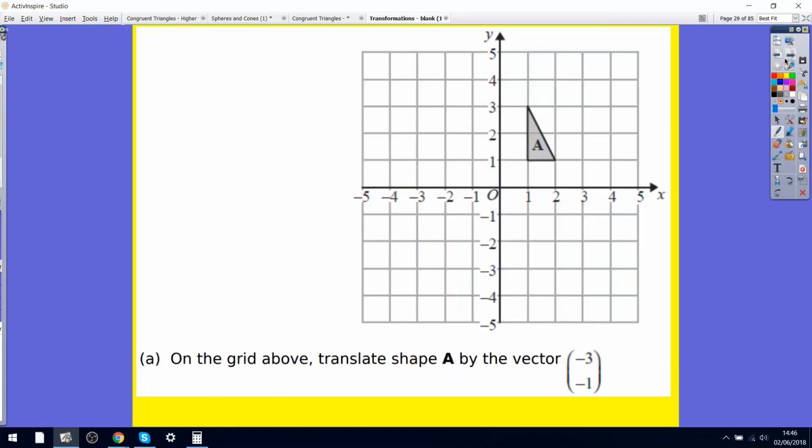Okay, so let's try this one. I feel like we can start with that point there. Left or down?